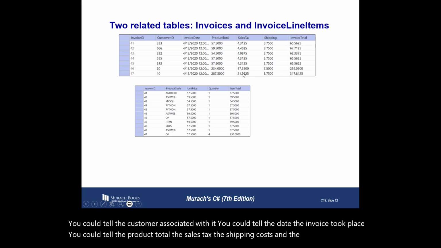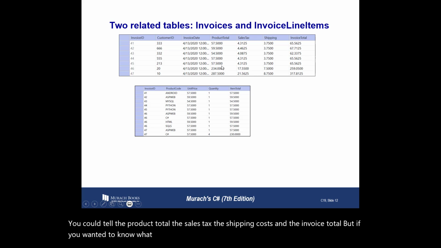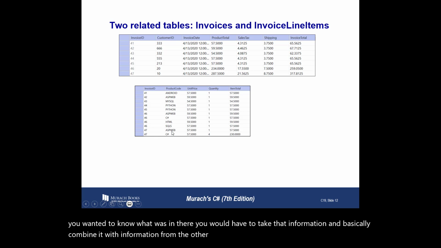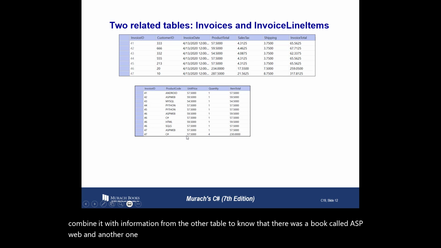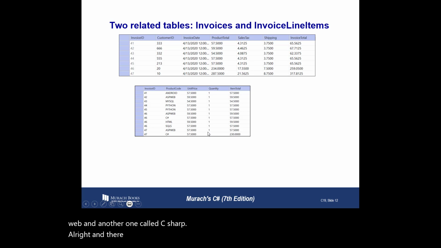But if you wanted to know what was in there, you would have to take that information and combine it with information from the other table to know that there was a book called ASP Web and another one called C#. And there was one ASP Web ordered and four C# ordered.